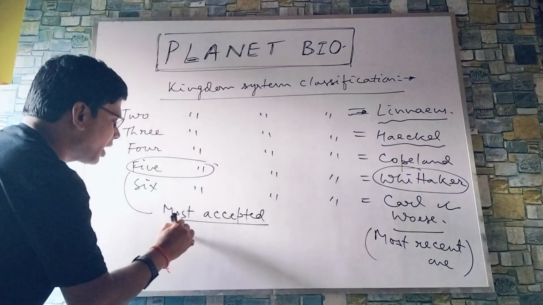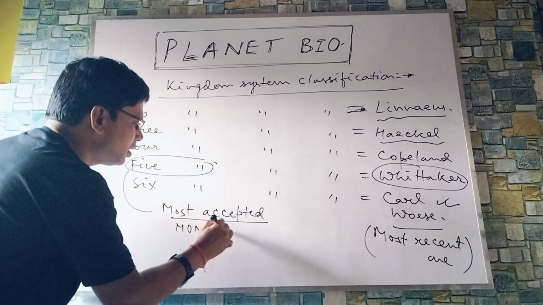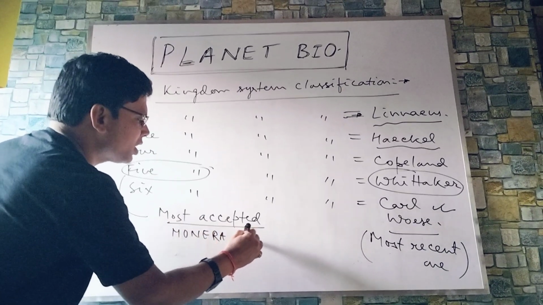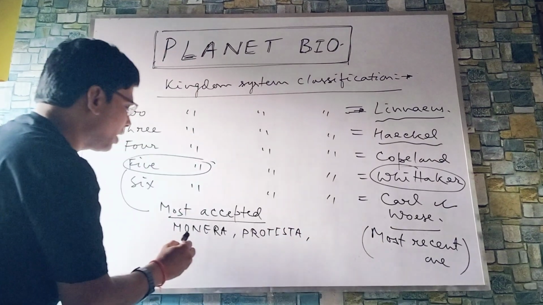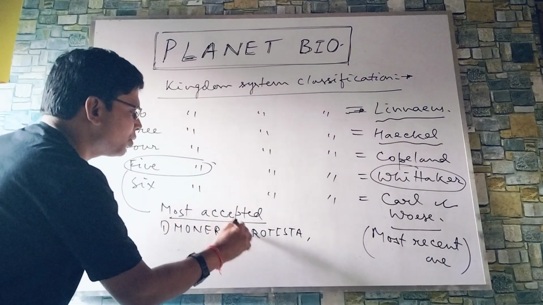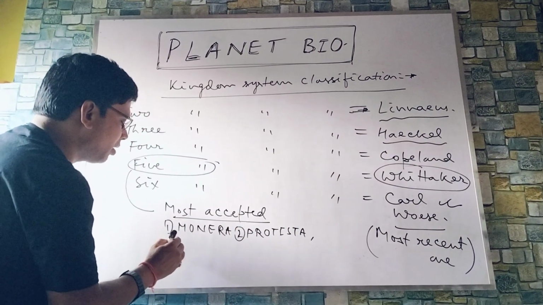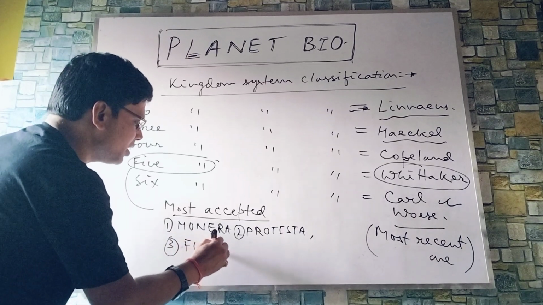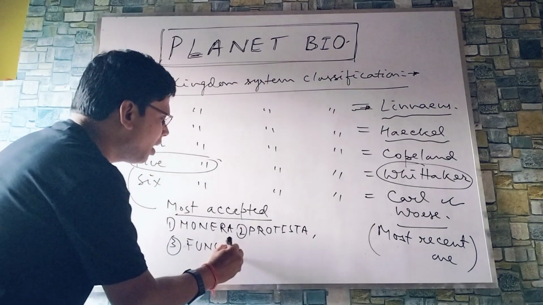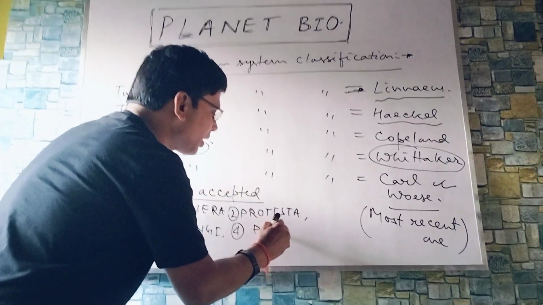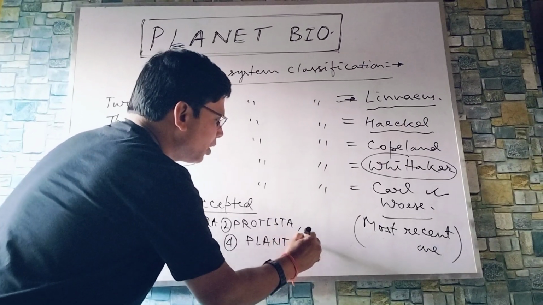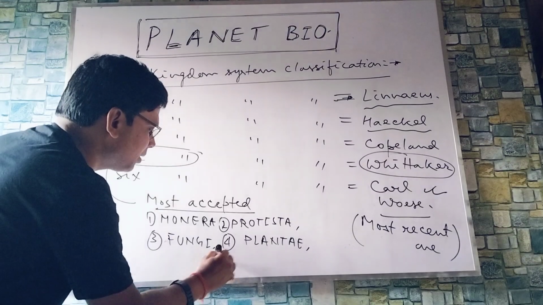First one we can write Monera, then Protista, third one Fungi, singular is fungus, fourth one Plantae, and the fifth one Animalia.